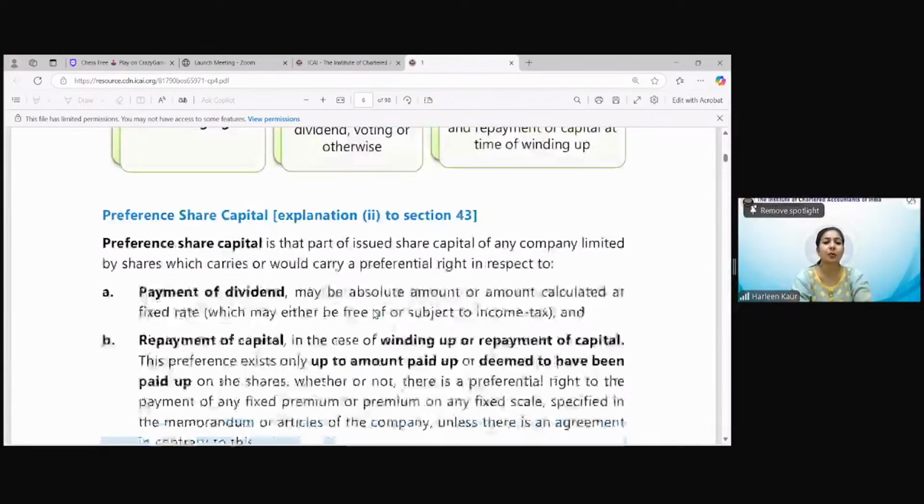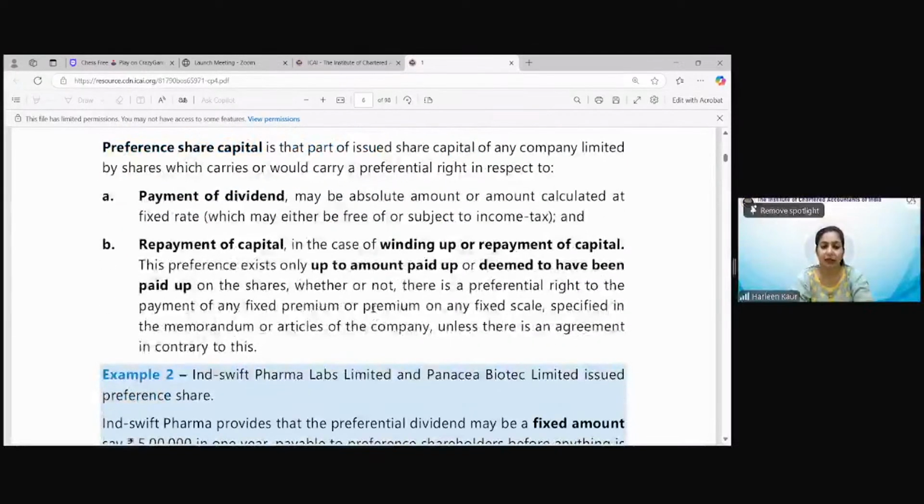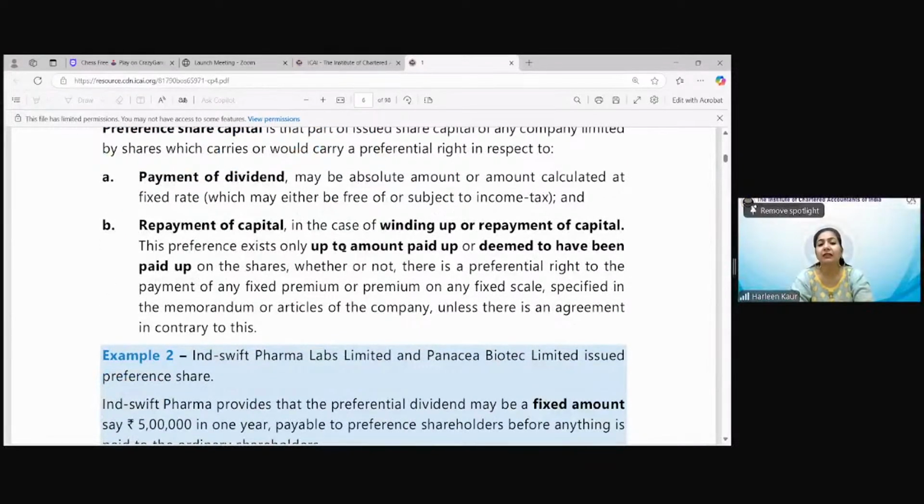4.6 tells you about the preference share capital, that the payment of dividend has to be made and the repayment of capital has to be paid. I think we took up the same query in the previous class also, where a student has asked about the equity pool. Are you having the same doubt? So here the repayment of the capital has to be made. So it says only the amount which has been paid up or deemed to be paid up.